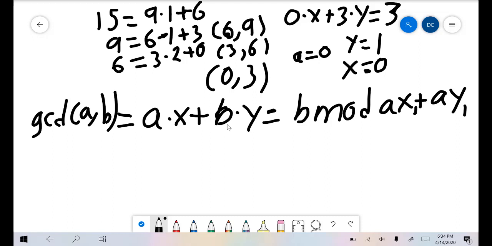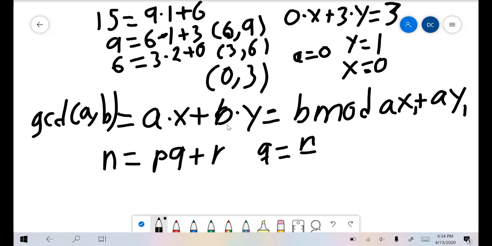Okay, how do we define b mod a? Well, do you remember this equation that says that n is equal to pq plus r? So remember that in this case q is equal to n divided by p.